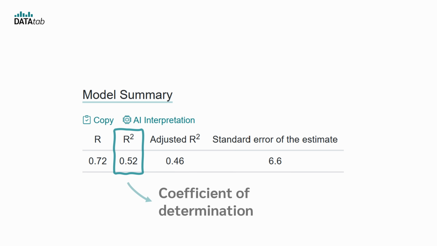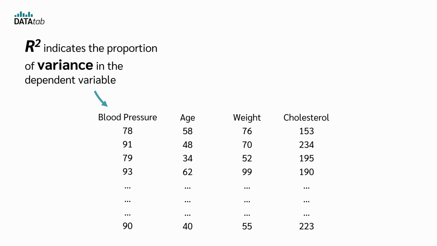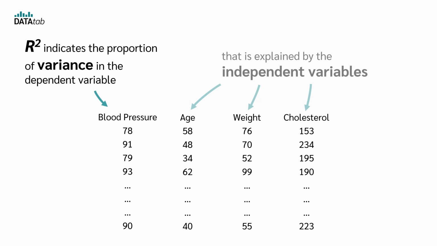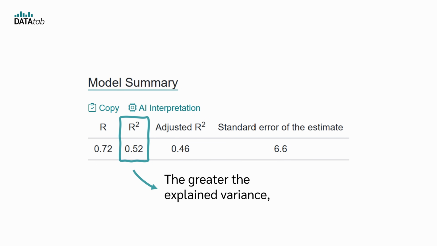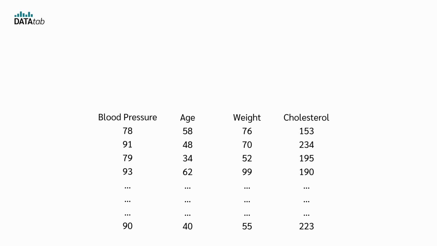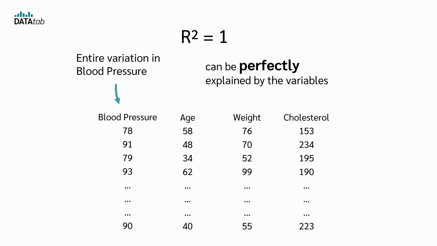R squared is called the coefficient of determination. R squared indicates the proportion of variance in the dependent variable that is explained by the independent variables. The greater the explained variance, the better the model's performance. For example, an R squared value of 1 would mean that the entire variation in blood pressure can be perfectly explained by the variables age, weight, and cholesterol level.